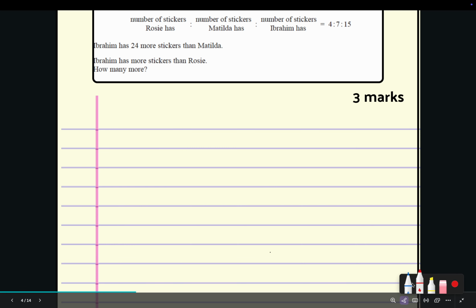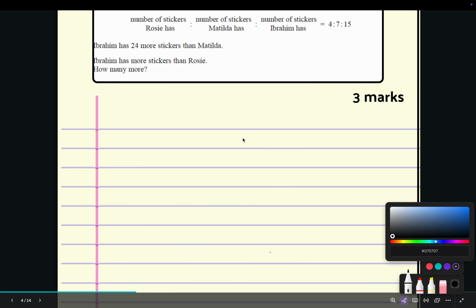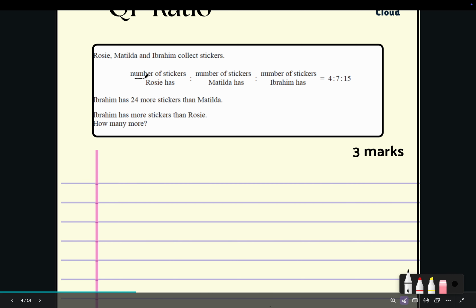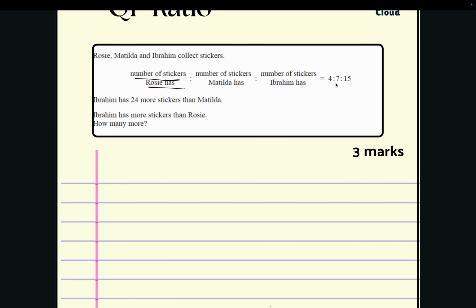Let's get my pen and make it black, nice and basic. So it says Rosie, Matilda and Ibrahim collect stickers. The number of stickers that Rosie has to the number of stickers that Matilda has to the number of stickers that Ibrahim has is 4 to 7 to 15.